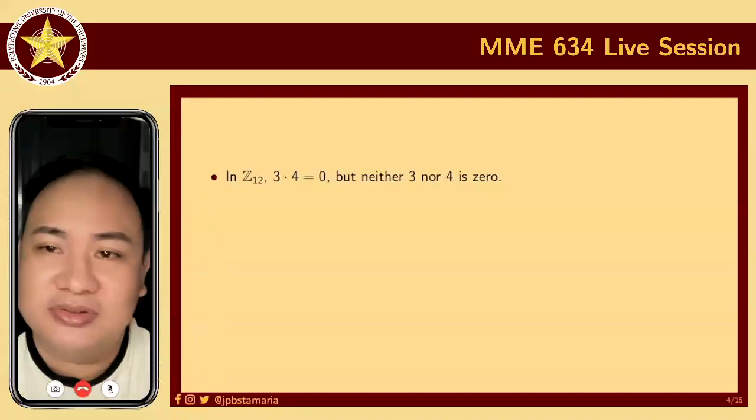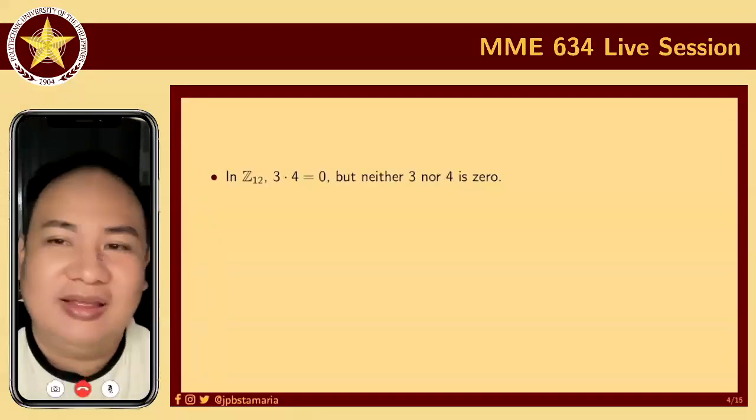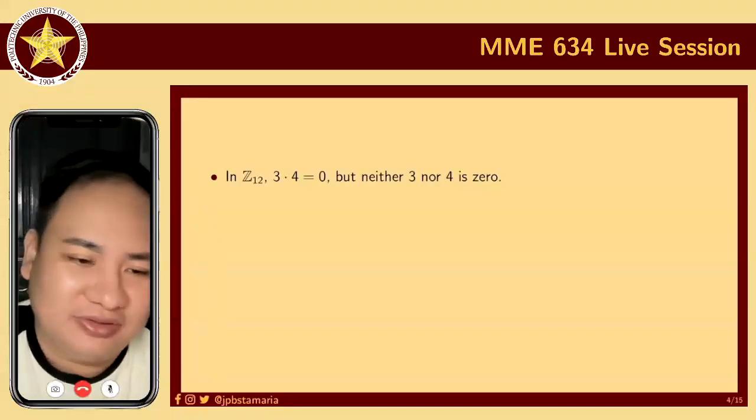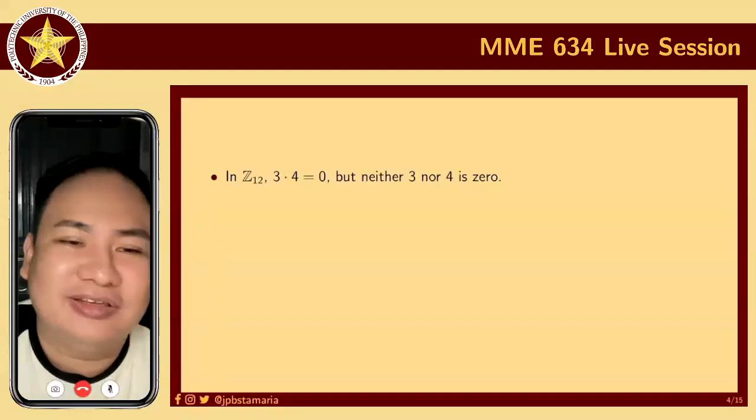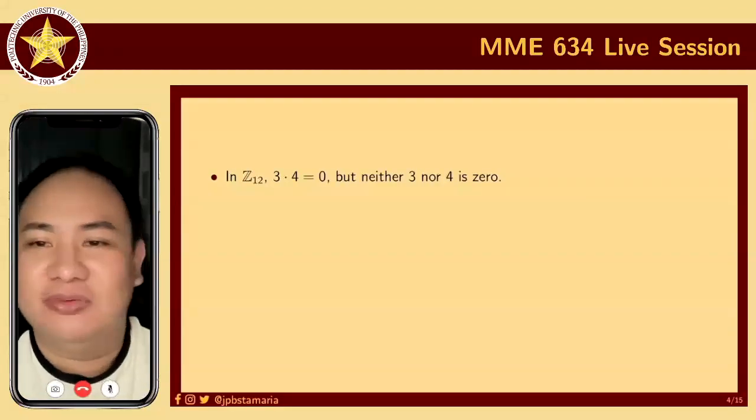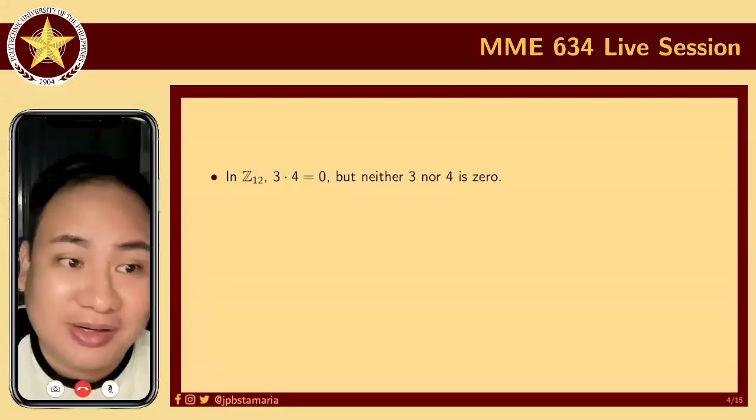So this poses some kind of a problem, no? Kumbaga, sa real number system, the zero product property holds. Ginagamit natin itong zero product property sa pagsosolve ng quadratic equations and polynomial equations, di ba?